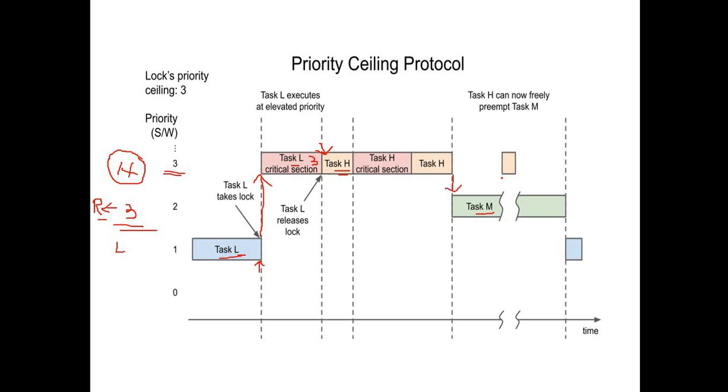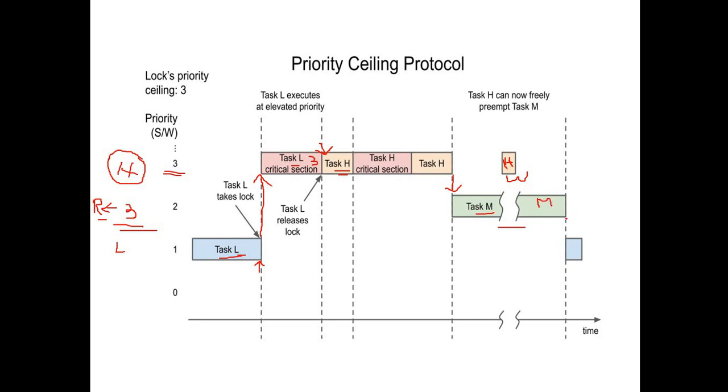In the meantime, if task H again wants to execute its pending task, then task M will be preempted and task H will continue its execution, and once task H completes its execution, then task M will continue its execution.